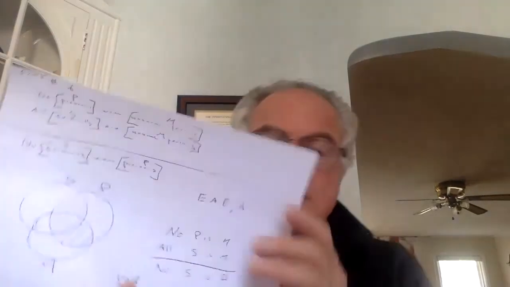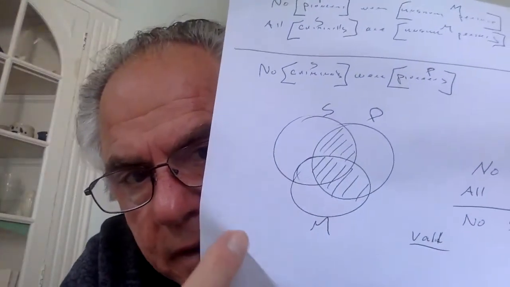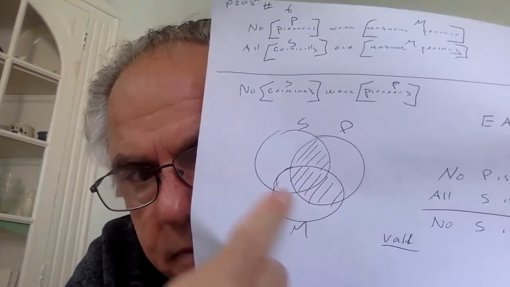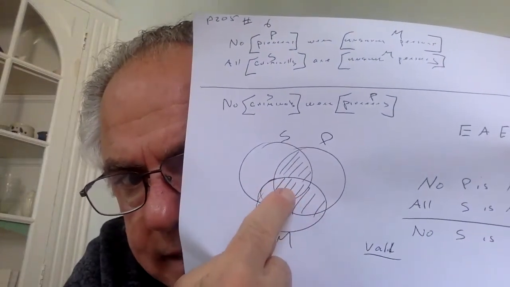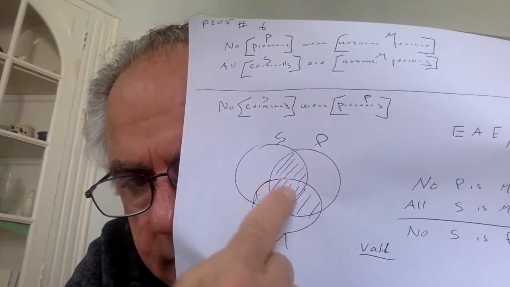No P is M. So just look at the P's and the M's and cross out all the P's that are M's. That's why I crossed out all the P's that are M's. You see that? All the P's that are M's, I crossed those out. That's an S that's an M, but it's also a P. So I crossed that out too.